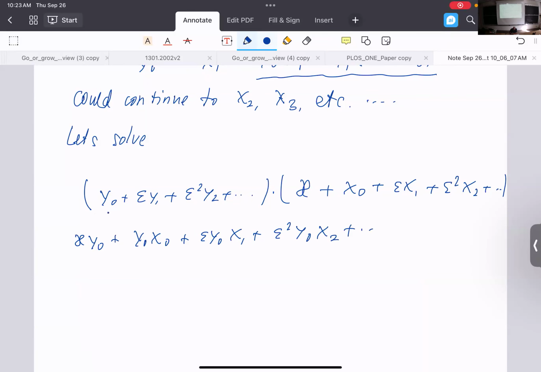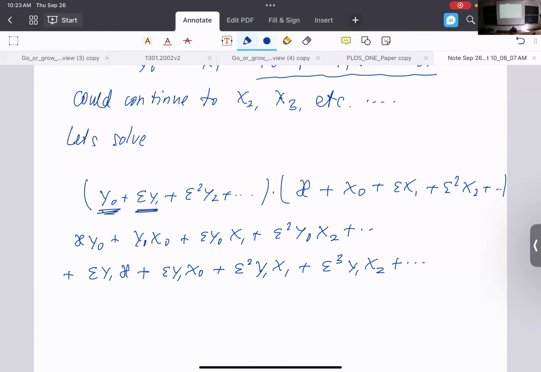So I just used y0 so far. I use y0 and multiply it with everything on the right. And now I use the next term, epsilon y1. So plus epsilon y1 kappa plus epsilon y1 x naught plus, and then we get an epsilon square y1 x1 plus epsilon cubed y1 x2 and so on.